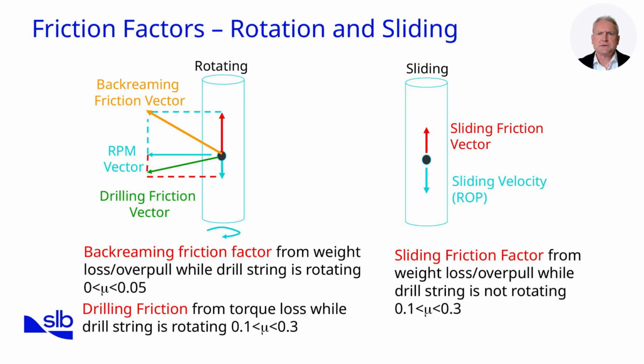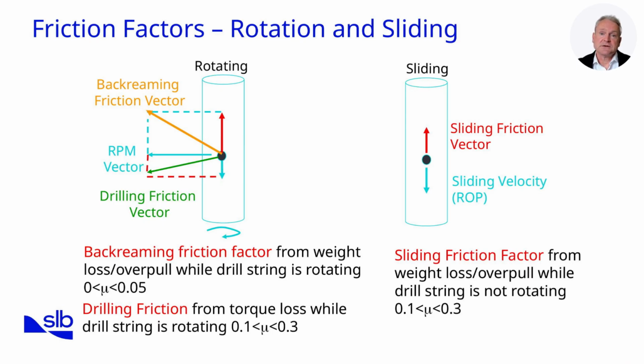When rotation is applied, the contact points between the drill string and the borehole wall are continually changing. This rolling action reduces static sticking tendencies and spreads the frictional load along the string. As a result, the apparent drilling friction factor typically falls within 0.1 to 0.3, while the back reaming friction factor, measured from hook load changes during upward movement with rotation, can be as low as 0 to 0.05.